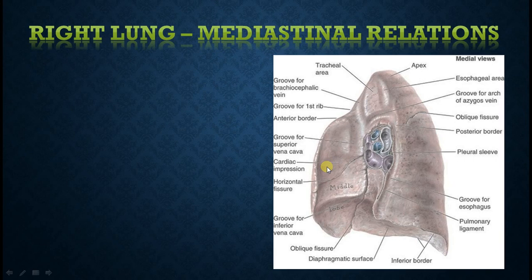This is for the following chambers of the heart, mainly the right ventricle and the right auricle or atrium, which form an impression on the cardiac impression. Below the hilum and behind the cardiac impression, this small area is for the inferior vena cava.